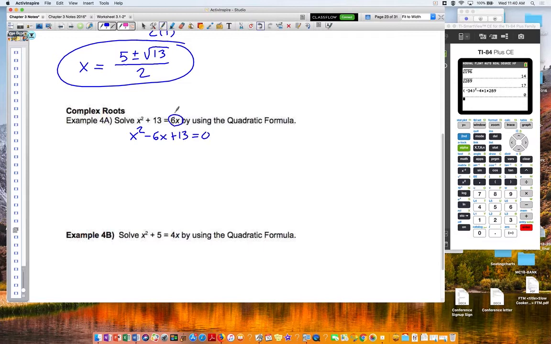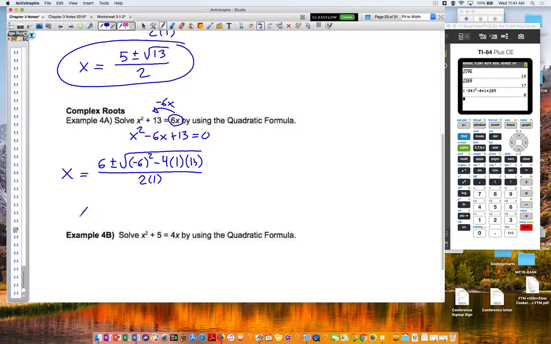So I move that 6x over by subtracting it. So now I can start to simplify. X equals positive 6 plus or minus the square root of negative 6 squared minus 4 times 1 times 13 all over 2 times 1.